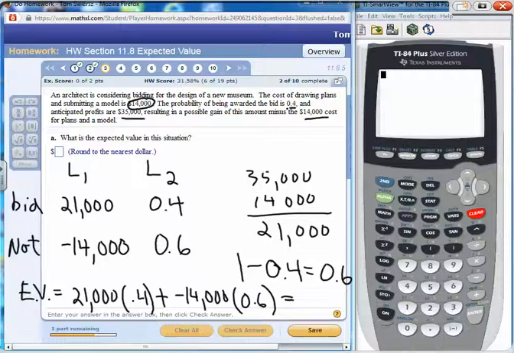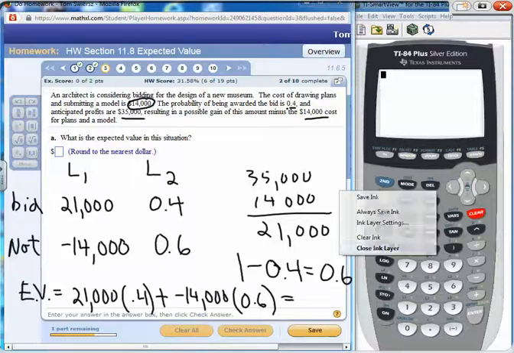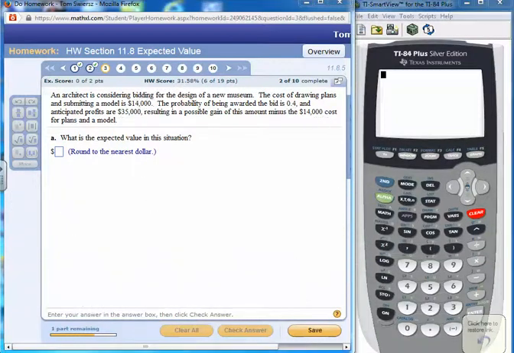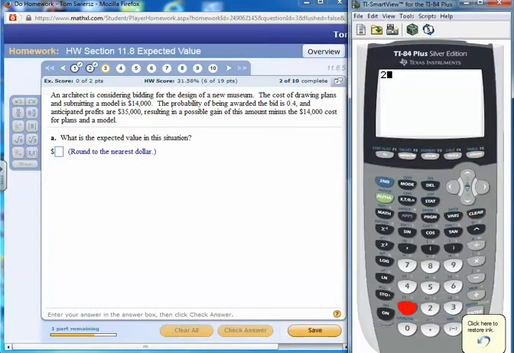So if we do that on our calculator, we have the profit is 21,000 times awarding the bid, which we said is 0.4, plus not getting the bid, which they lose, so you need a negative.